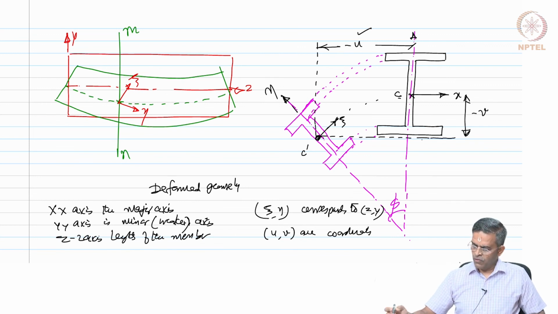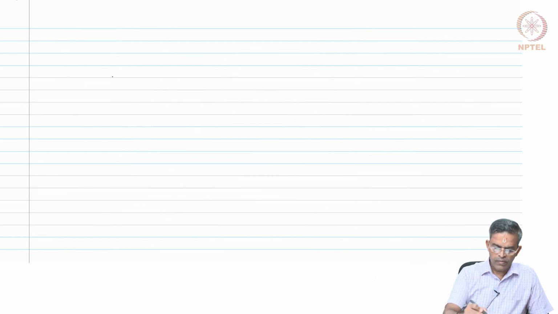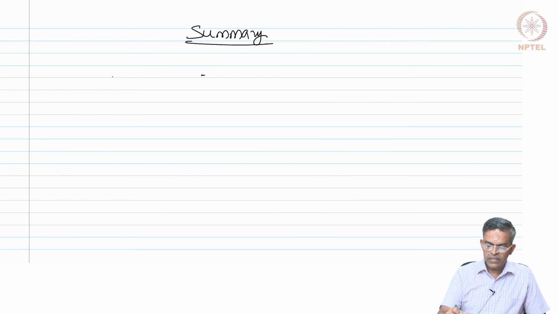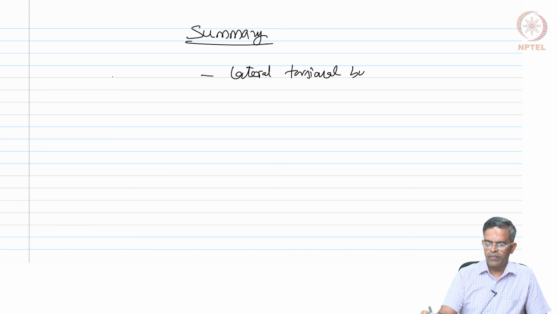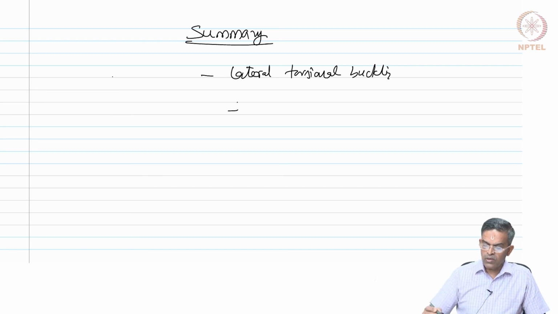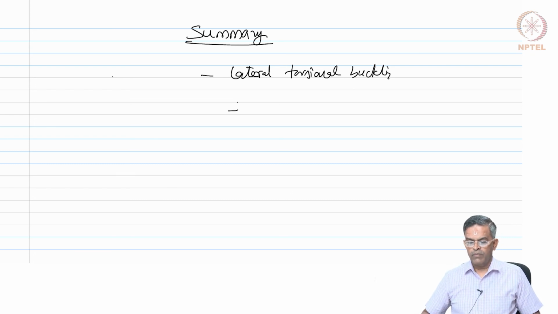Okay. So, friends, in this lecture, we started learning about lateral torsional buckling. We said the resistance offered to the beam under LTB has got three components, is it not?